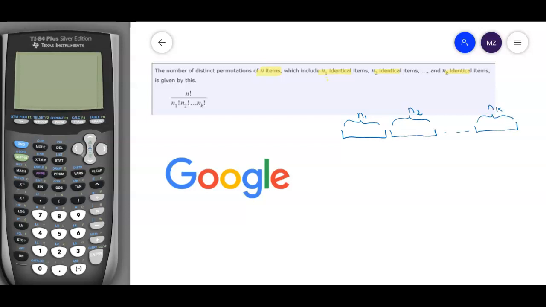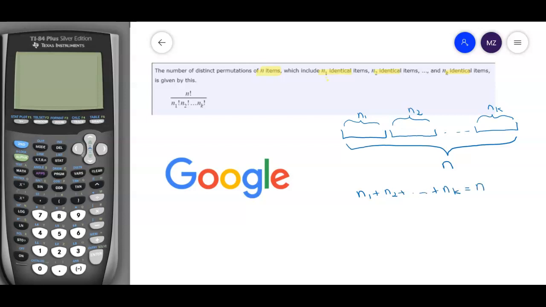The sum of all these items is going to total n, which means n1 plus n2 plus all the way to nk is equal to n.